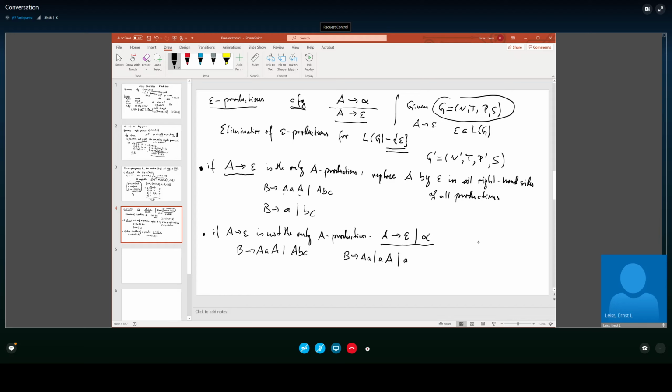So that follows from this. And then we have the other one. If we replace the capital A by epsilon, we have BC. And if we don't replace it, we have ABC. And now we can get rid of the A goes to epsilon, and the only thing that is left is A goes to alpha, or alpha 1, alpha 2, etc., etc.